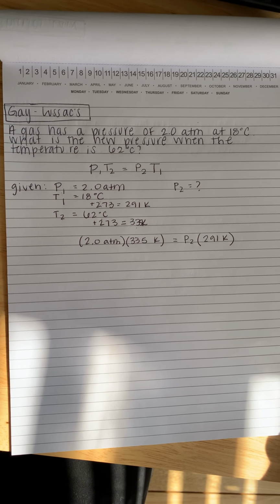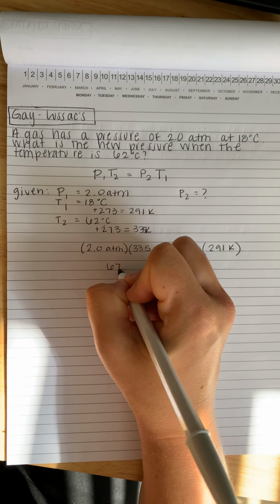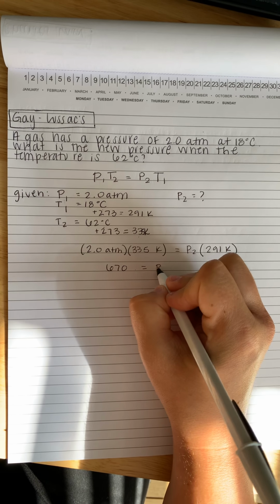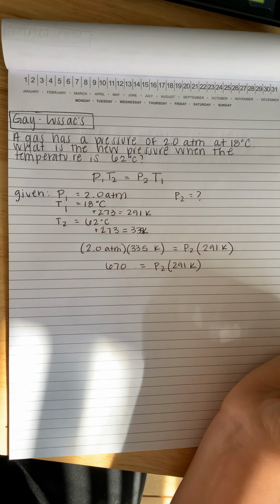All right, so if you multiply all of this out, this would be 670 equals the second pressure times 291 Kelvin.